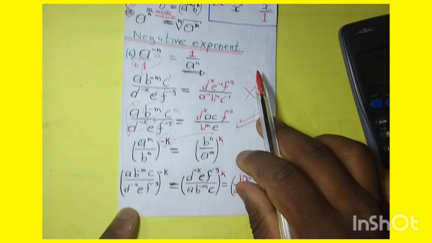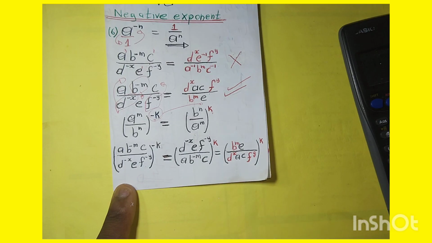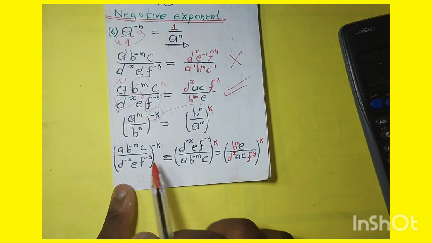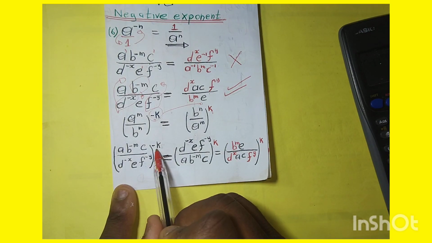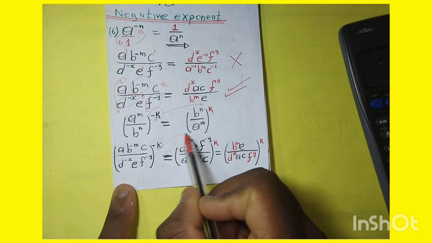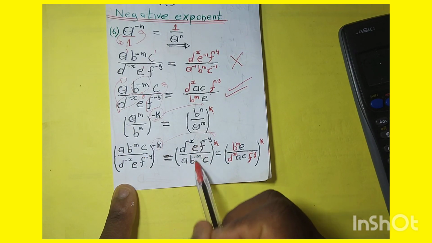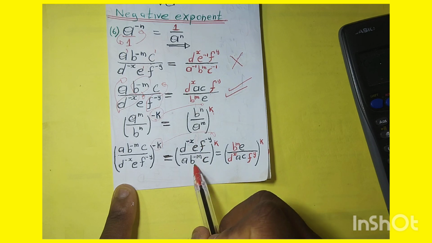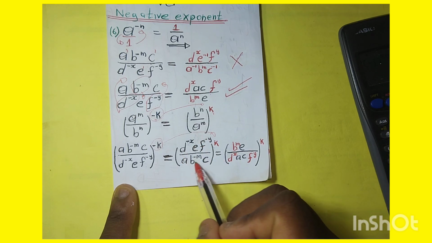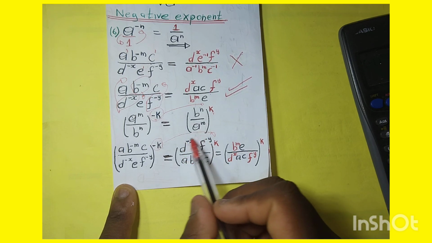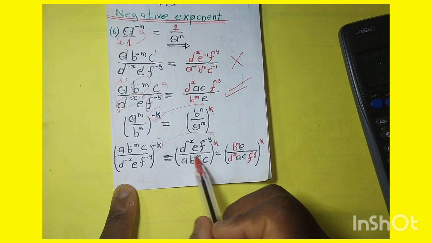Then what about this one? This one, guys, you should be careful there. I can change this exponent to be positive, and that fraction will flip. And when that fraction flips, those exponents, guys, will remain the same. Nothing will change from those exponents.